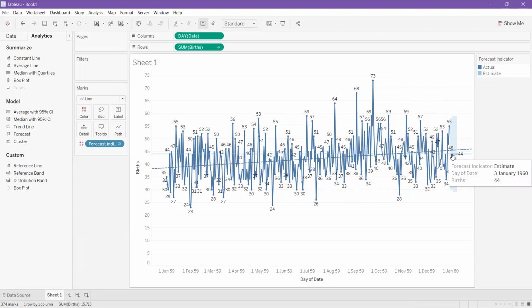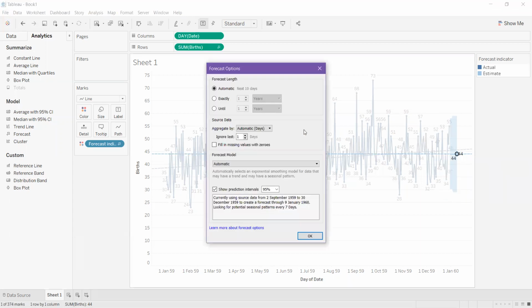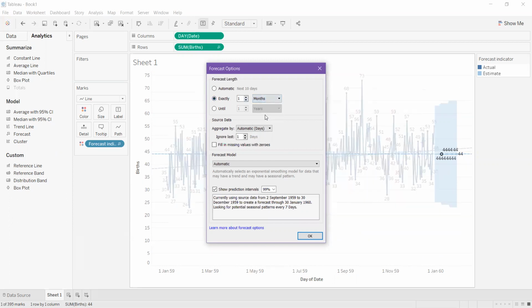See, the forecast line is here, right? The forecasting estimate is something like this. If I click this, I can do an edit, and I can come over here and say you have to be 99% sure, and I can increase this to the next 1 year or maybe the next 1 month and so on.